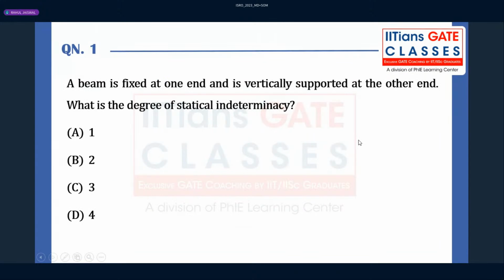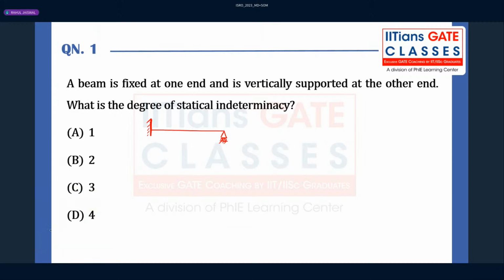Now, when you look at the first question, what they have given is a beam fixed at one end, and at the other end there is a propped support, right?